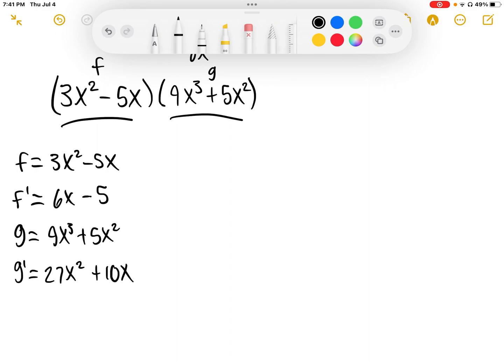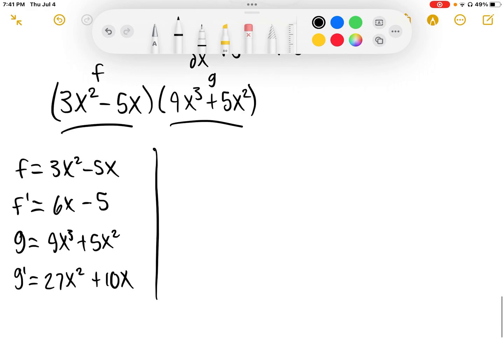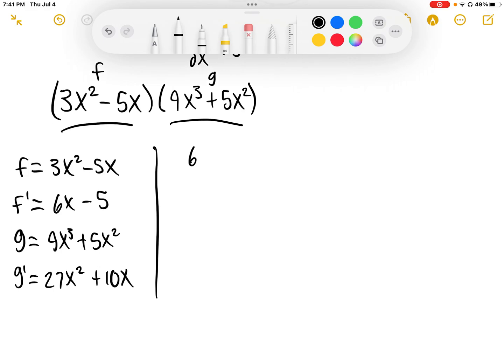Okay, we have all of our ingredients and we're ready to bake the product rule here. So plugging in f prime g, we have 6x minus 5 times 9x cubed plus 5x squared.